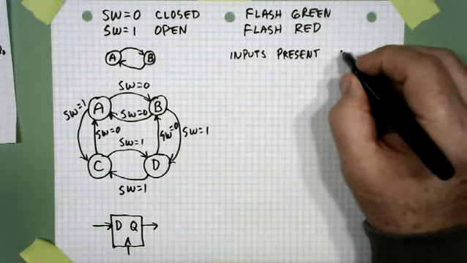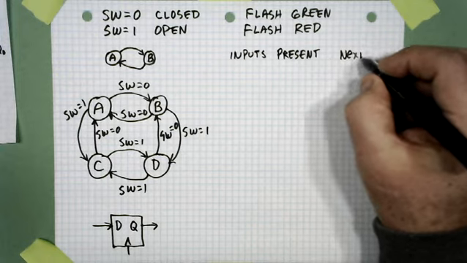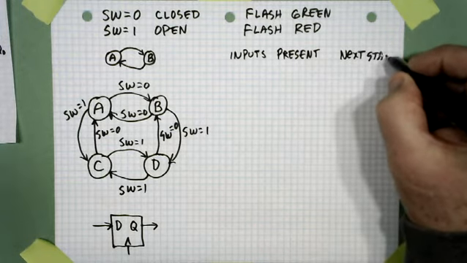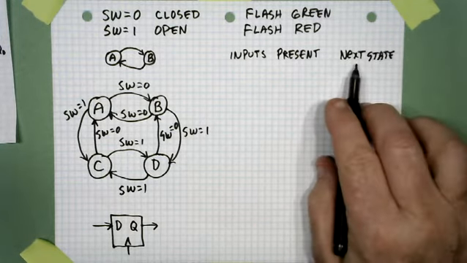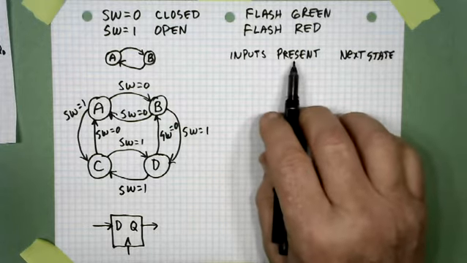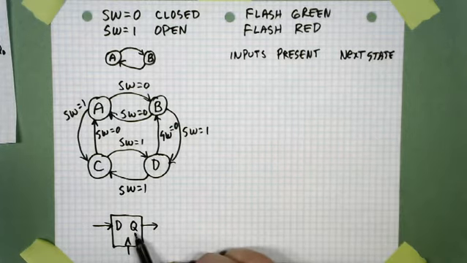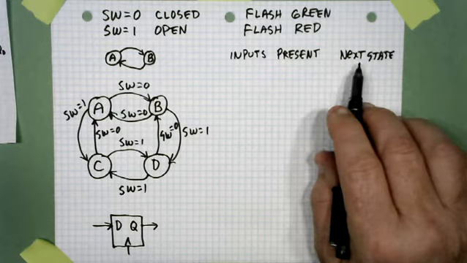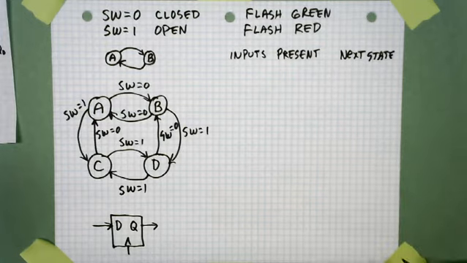The future state, we can call it future state or next state. That next state is really the input to this memory cell, because when the clock comes along, that input is copied to the output. So sometimes that's a point of confusion. The present state is the static output of the memory element. The next state is the input to the memory element.